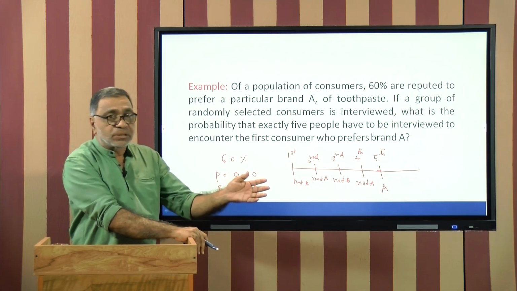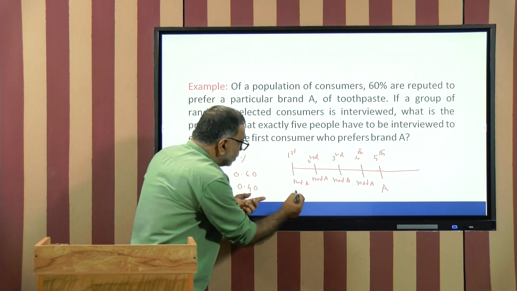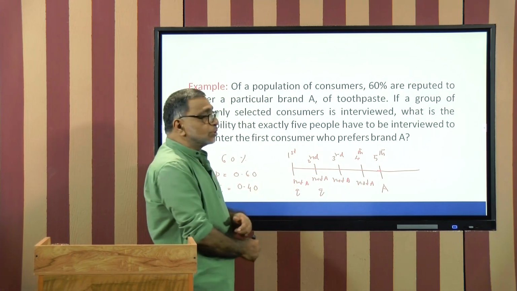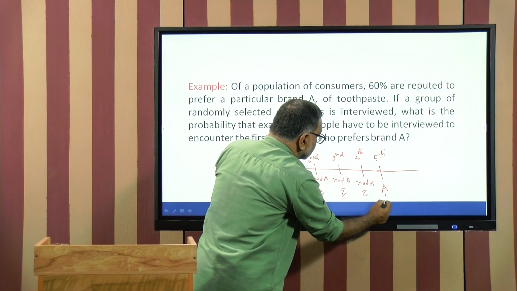So, success and failure, 2 outcomes, and first person is a failure, so the probability is Q, and this is also a failure, probability Q, this is failure Q, this is Q, and this is P.